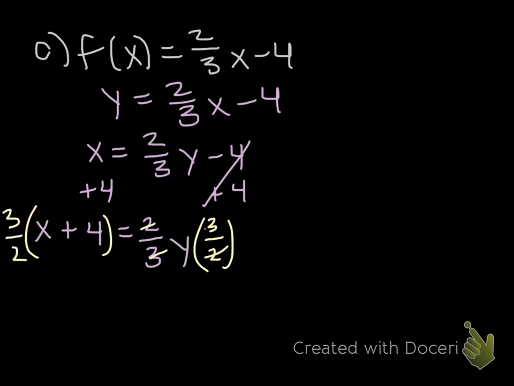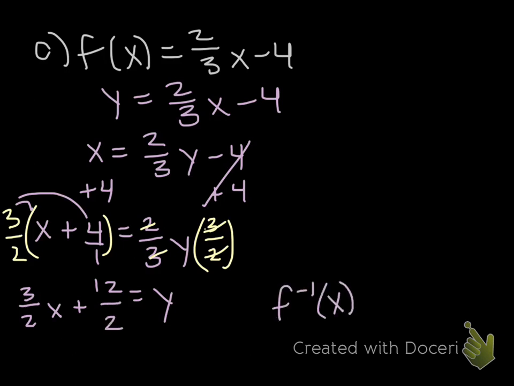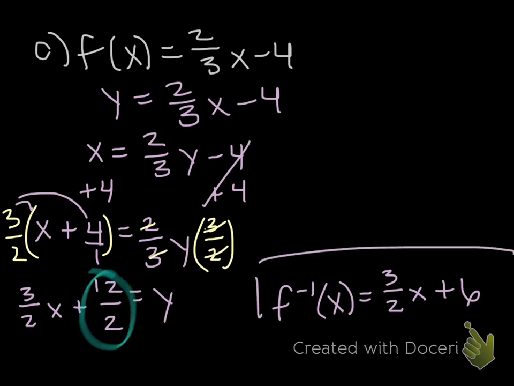That's going to cancel, so I am left with y on the right-hand side. And I'm going to take this fraction and distribute it in. So I get 3 over 2x plus, we multiply tops and bottoms, so 3 times 4 is 12 over 2. To reduce my final answer, I get 3 over 2x plus 6. Obviously 12 over 2 reduces to 6, and that is our final answer.